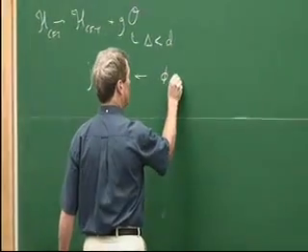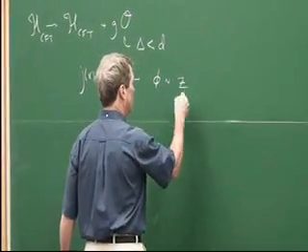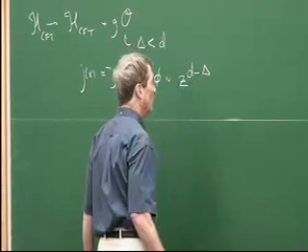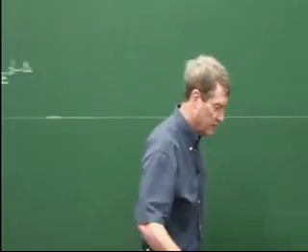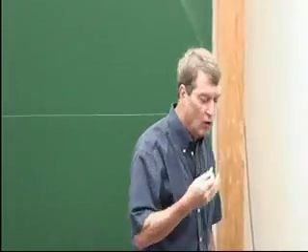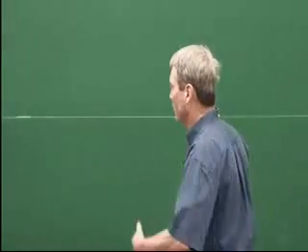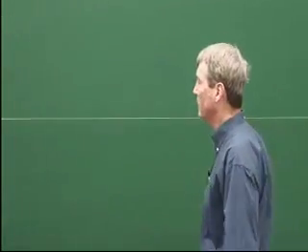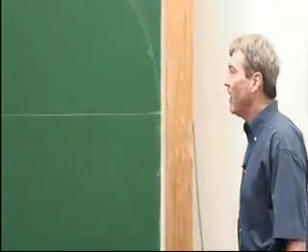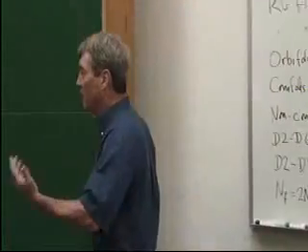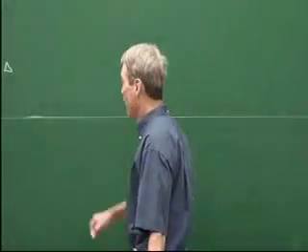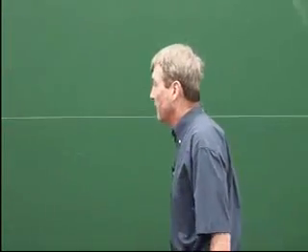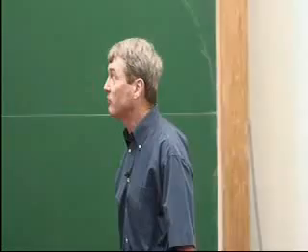So the bulk field goes as z to the d minus delta, which is just right. When delta is less than d, this grows as we move away from the boundary towards lower energy, exactly like, of course, the corresponding operator. Then we have to figure out what happens when the perturbation becomes large at large z, low energy. Things become nonlinear, and then we have to figure out what happens next.